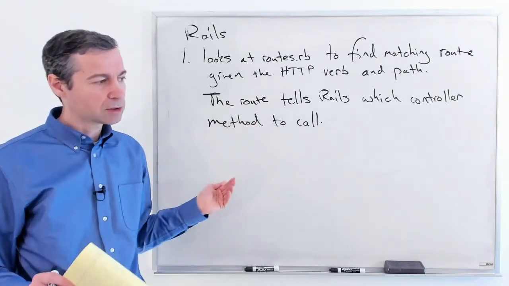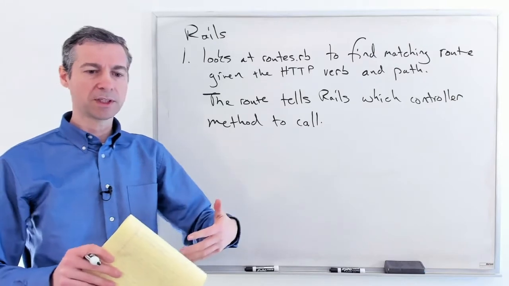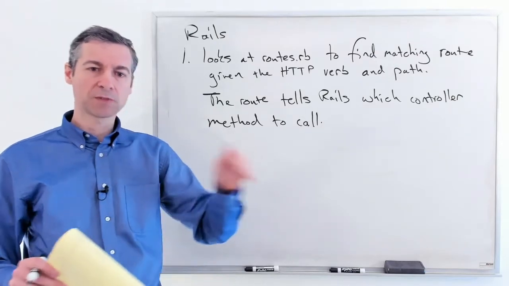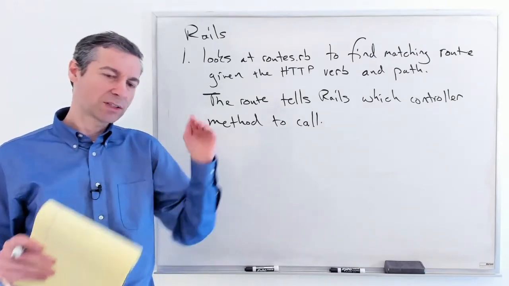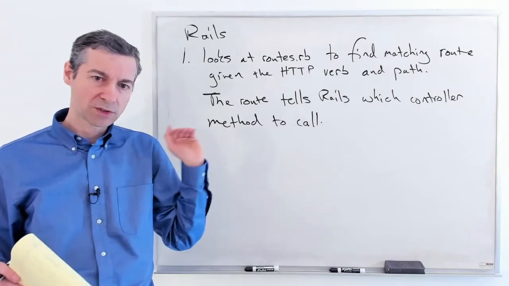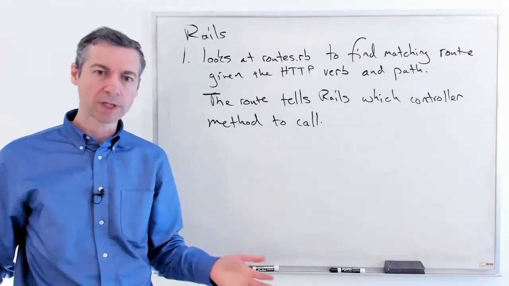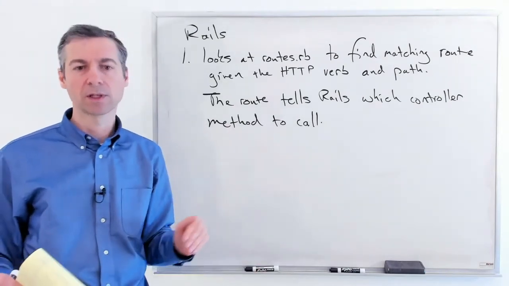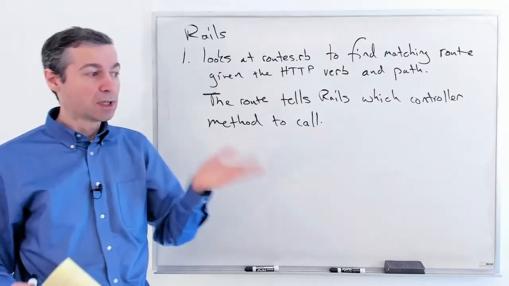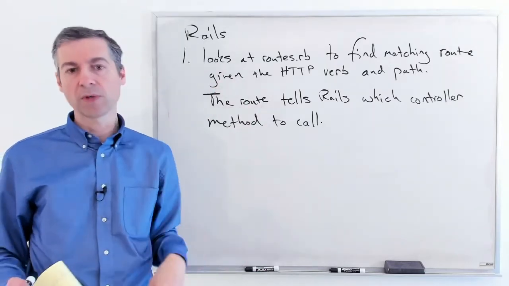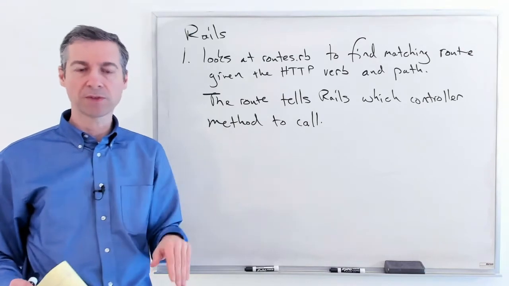Well, here you've got many different entry points, many different ways to start your program running to handle the request. So you're routing it to one of those entry points, one of those starting methods.